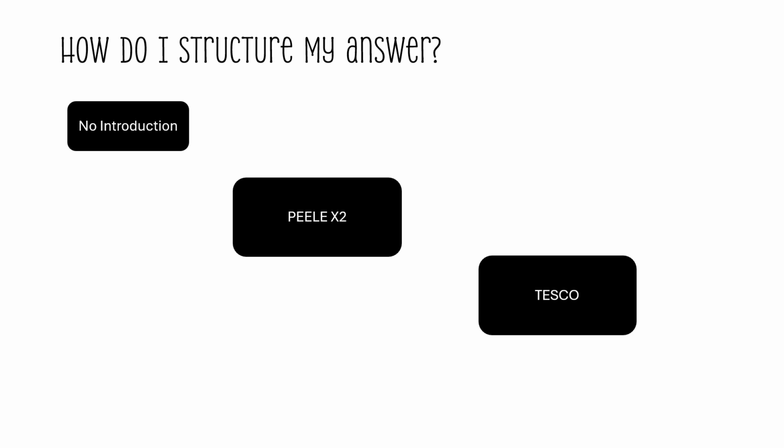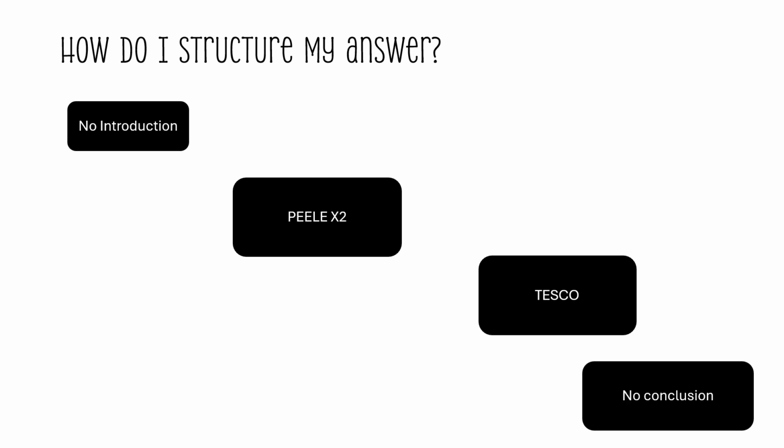And they have obvious examples of the impact or obvious real life examples to back up what the perspective is saying. So Tesco is my way of quality ensuring that the paragraph is A-star quality. And last but not least, you do not need a conclusion. So no introduction and no conclusion.